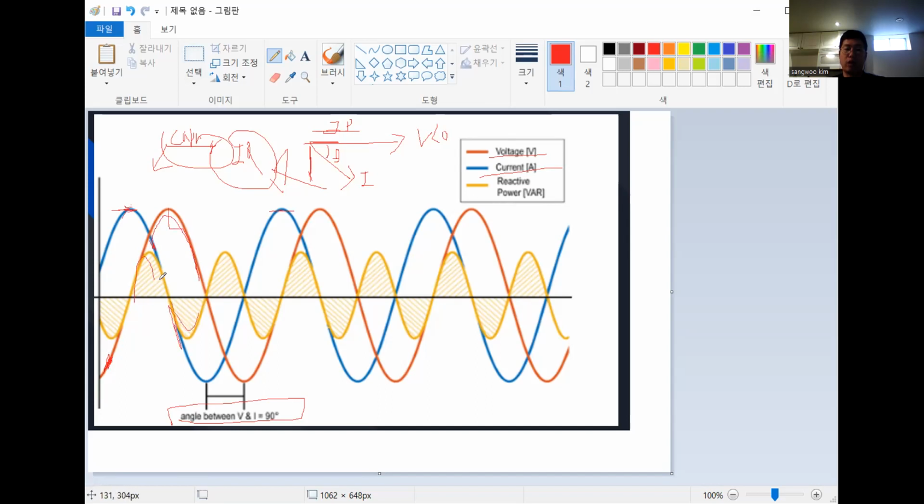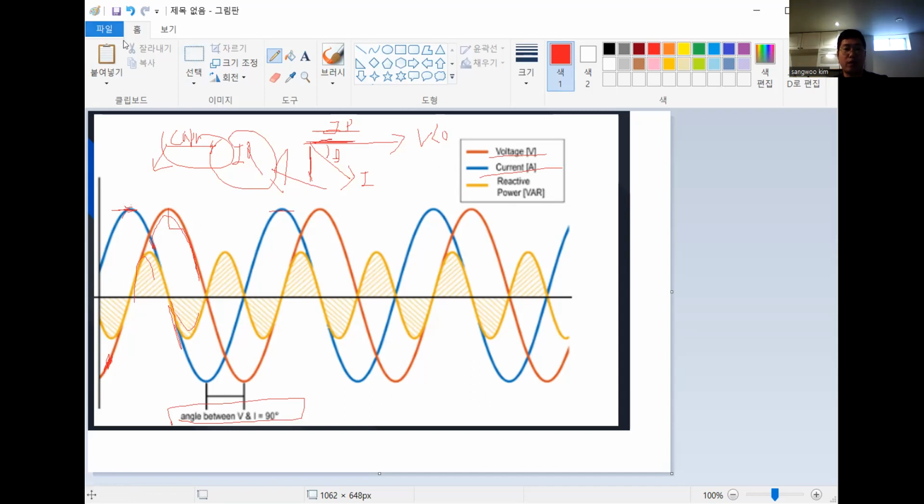So you can see this yellow part. What I said is: gain, give you, return back; give you, return back. This concept is reactive power. But active power is in the same phase, so it's actually used.